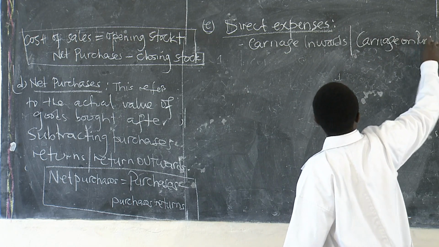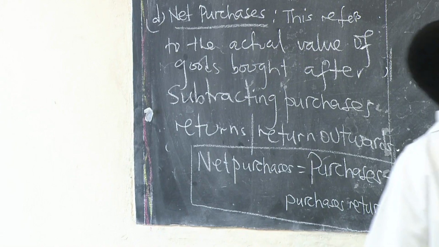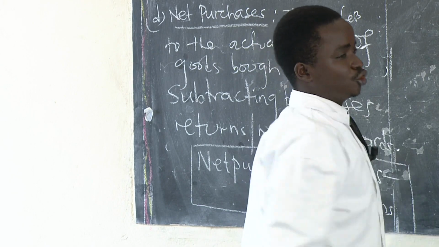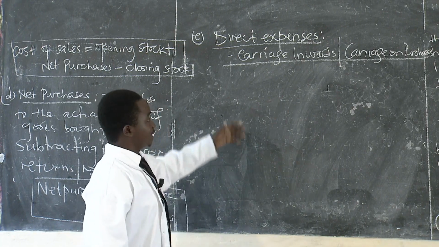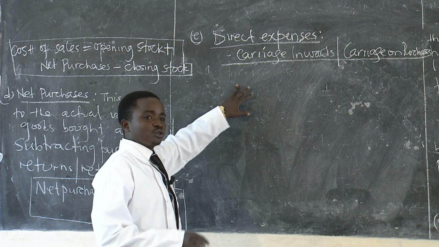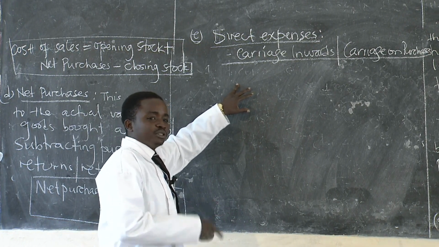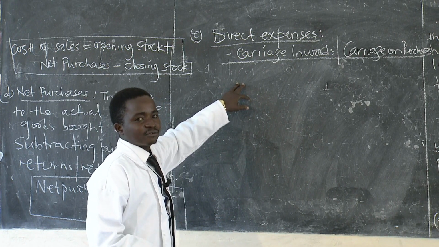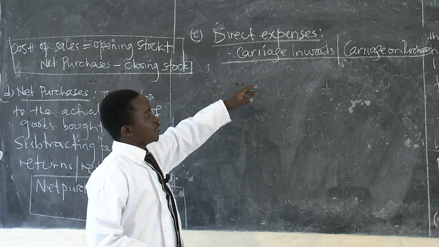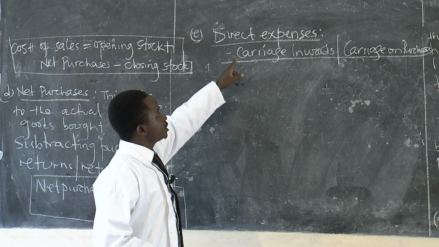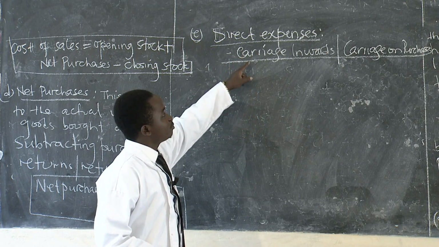When you say carriage on purchases, you have gone to buy some goods, then after buying them, you have paid money to transport those goods to your business premises or where you work from. That money paid, we call it carriage inwards or carriage on purchases.